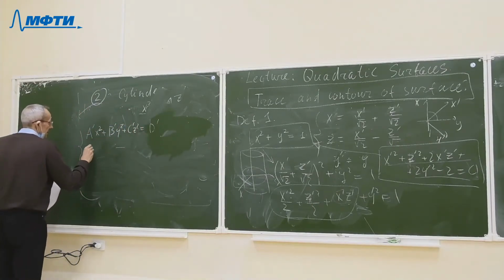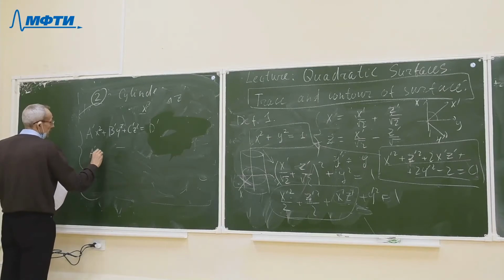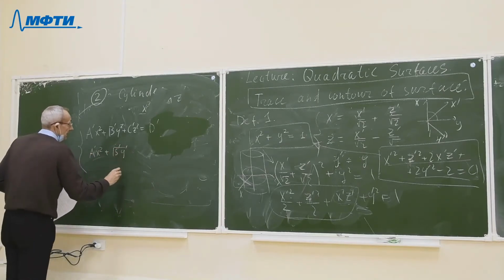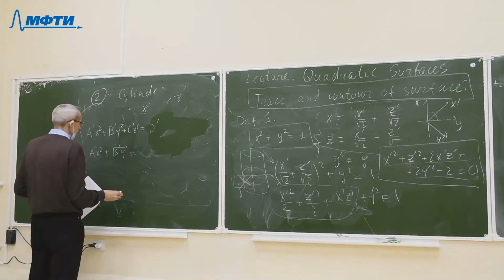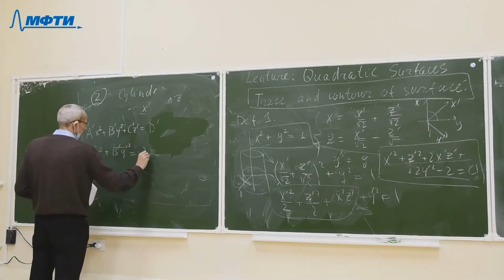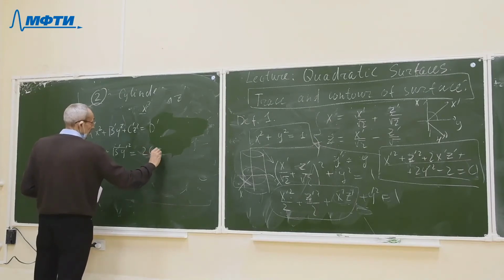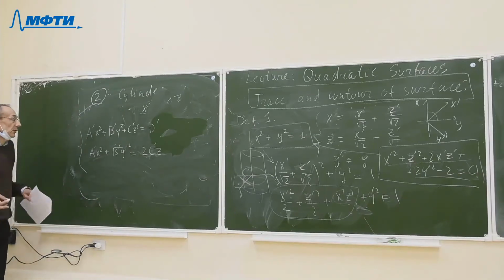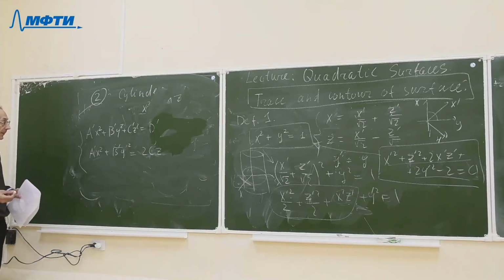And the second canonical form: a prime x square plus b prime y square is equal to c prime z.